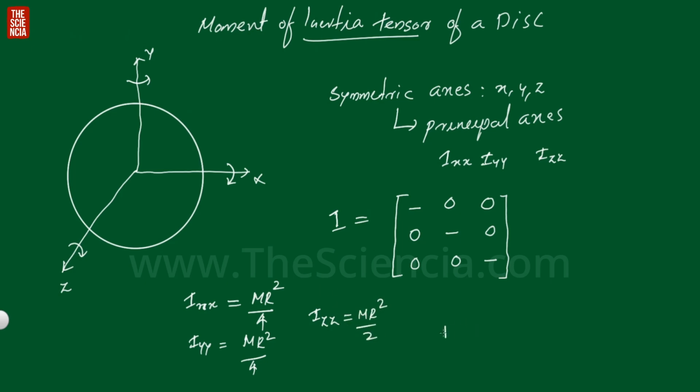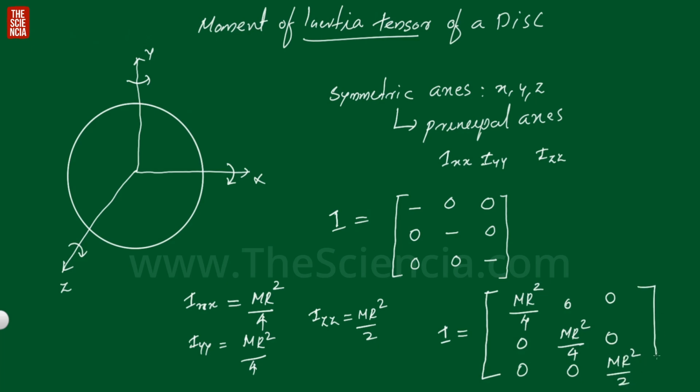So the moment of inertia tensor of a disk will be m r square by 4, 0, 0, 0, m r square by 4, 0, 0, 0, m r square by 2.